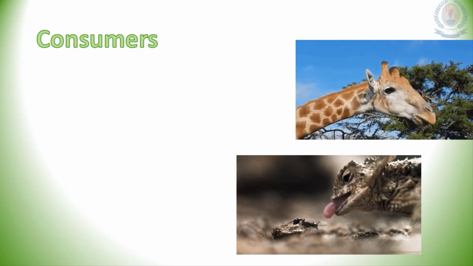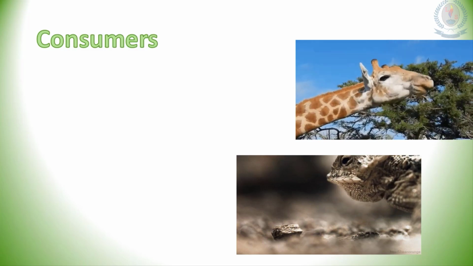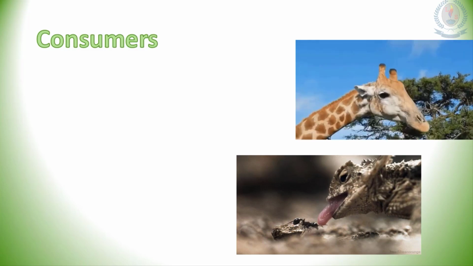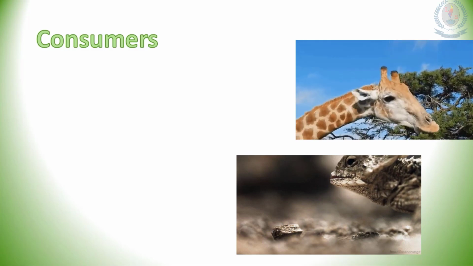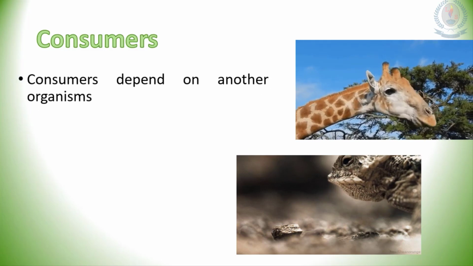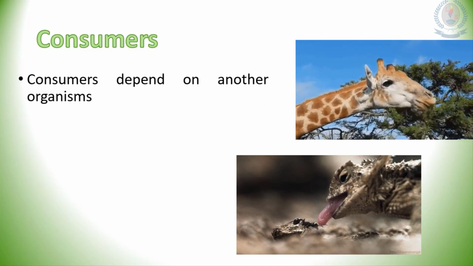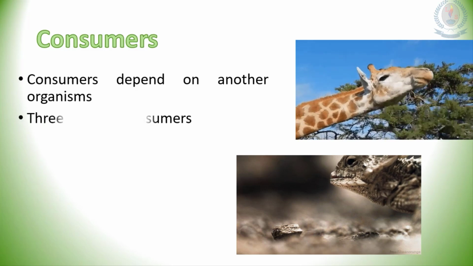So you can see that giraffe depends on a plant material, but lizard depends on an animal. So consumer we can define like that. Consumers hunt, gather and store food because they can't make their own food.